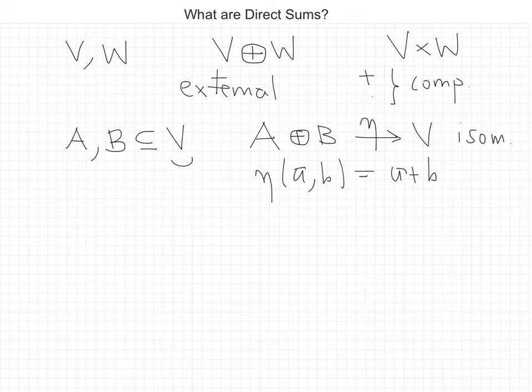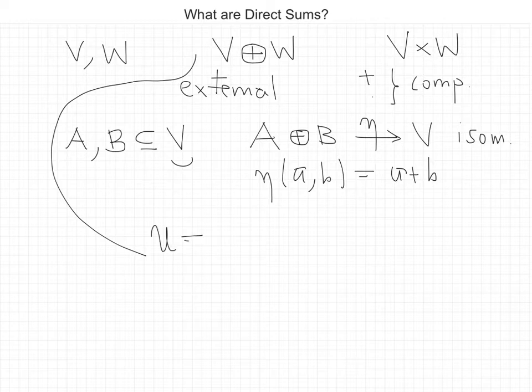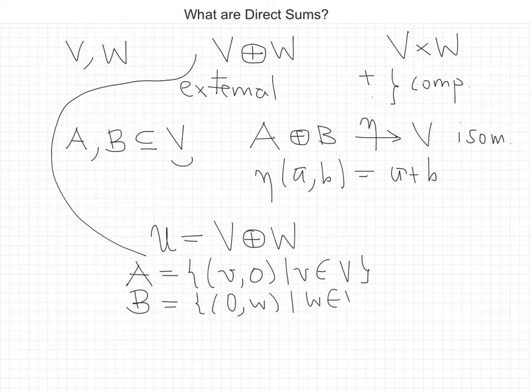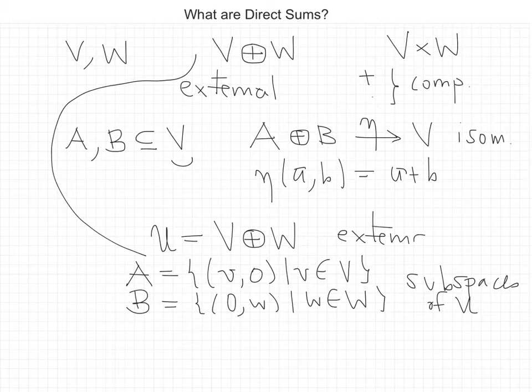Let's call the result of the external direct sum of two vector spaces V and W, U. Let's say U is the vector space V plus W. Now define a subspace A to be the set of all (v, 0), where v is in V, and define a subspace B, which is the set of all (0, w), where w is in W. Now these are subspaces of the vector space U, and the vector space U, which is an external direct sum of V and W, becomes the internal direct sum of A and B.